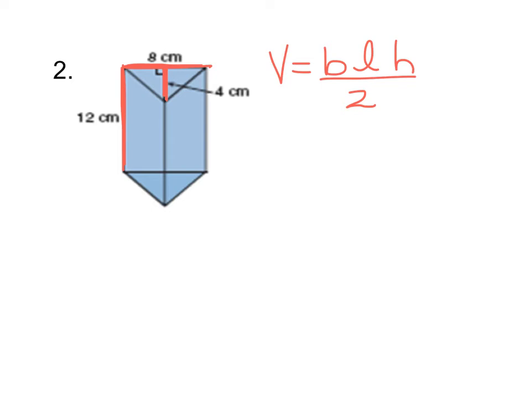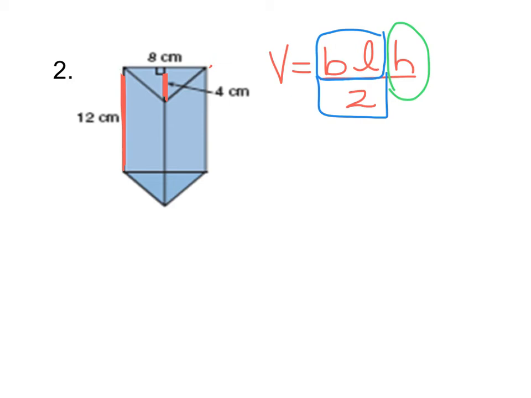So this part right here, and the divided by 2, that's the area of the base. And then we multiply that by the height. But we don't have to do it in that order. We just have to multiply the 3 numbers, the base, which is 8.